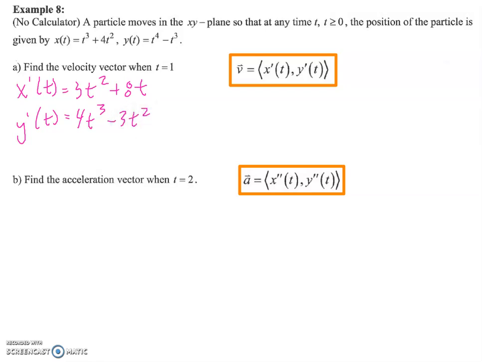Alright, so first I can write a velocity vector, and then I can show the velocity vector evaluated at 1. So if I'm just writing the vector itself, we've got v with the vector symbol is equal to, remember we're doing the head of the arrow, and then I'm just going to put in x prime of t, comma, y prime of t.